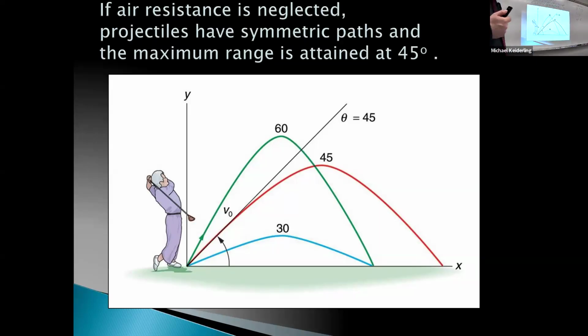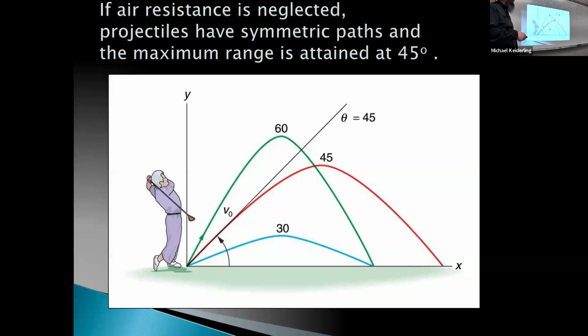However, there's another factor. It turns out that if you fire it at two angles that add up to 90 degrees, so here like at 30 degrees and 60 degrees, the range will be the same. Basically, this path is shorter, but you'll be traveling fast.